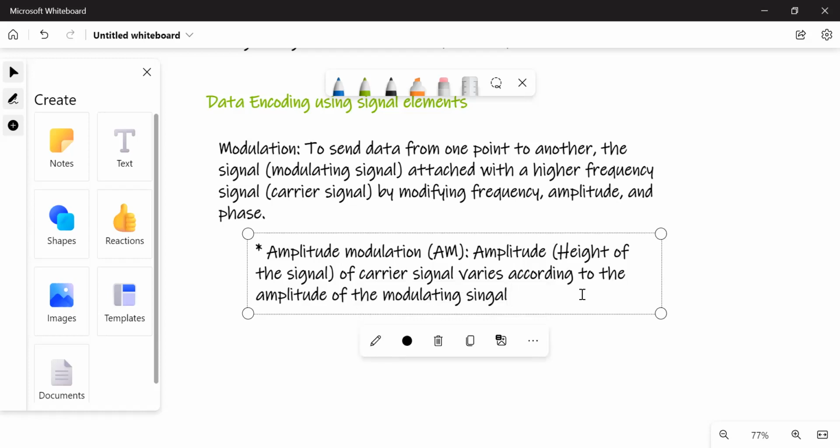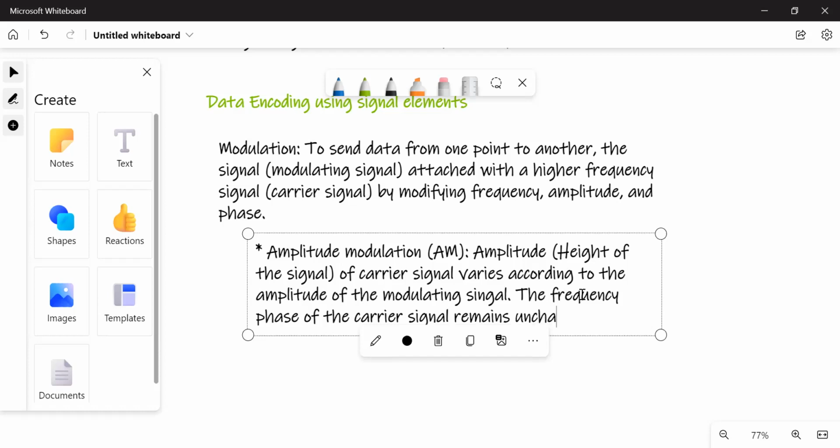The frequency and phase of the carrier signal remains unchanged. Right.